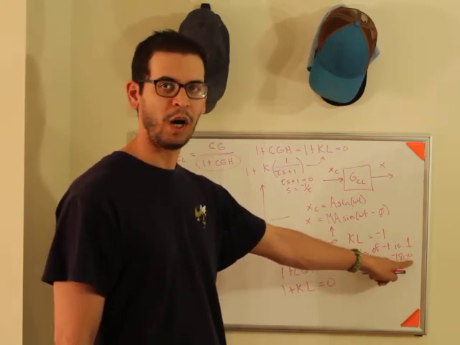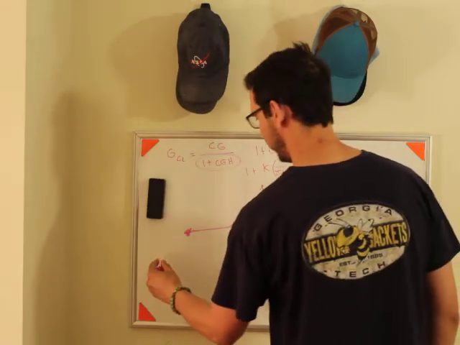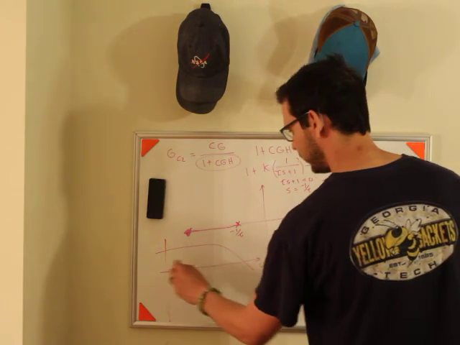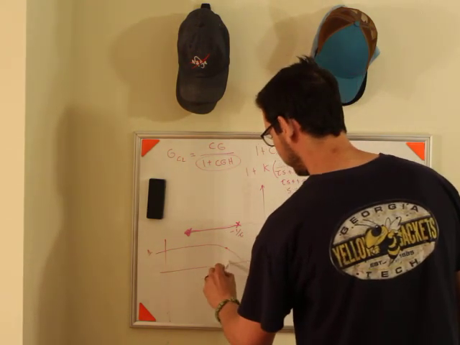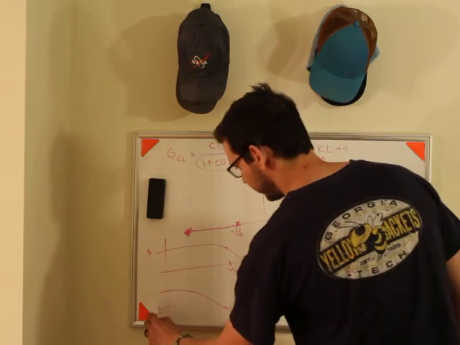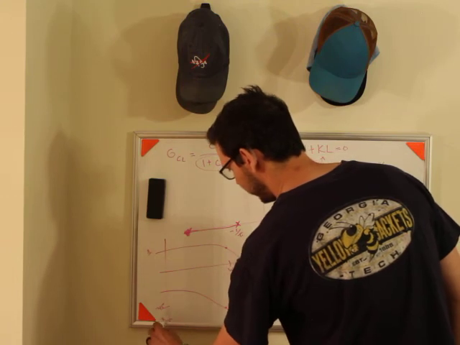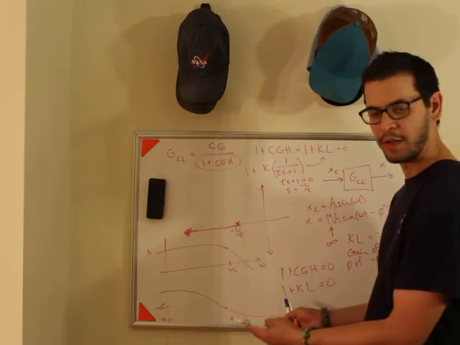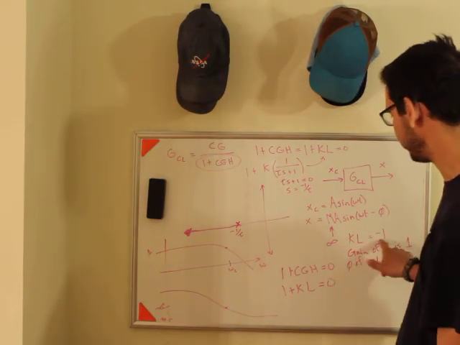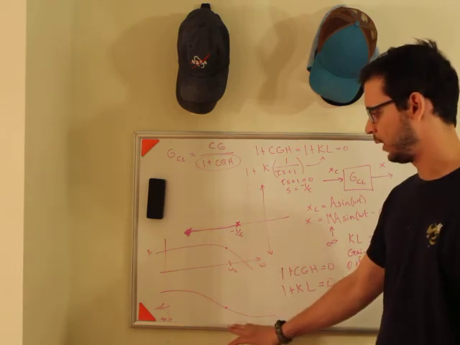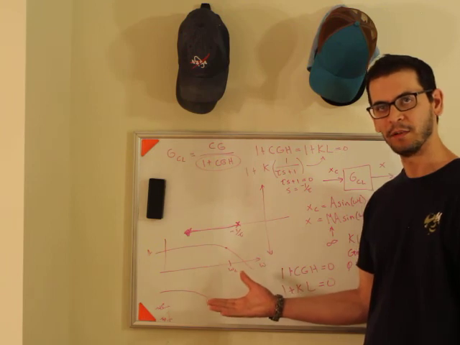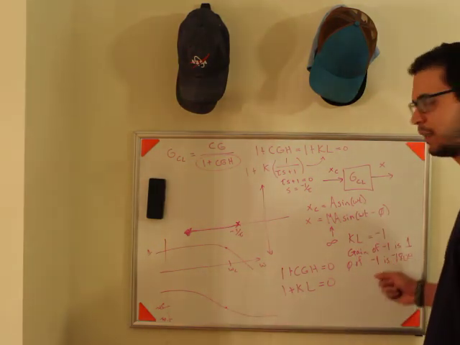So now you can see why, when I drew the first order Bode plot, if I draw gain, so this is frequency, this is a gain of 1, here's the cutoff frequency, and here was the phase, right, so this was minus 45, and this was minus 90. There is nowhere on this plot where the gain is 1 and the phase is minus 180. The phase only goes to minus 90. So you can never make a first order system go unstable because you can never get into this scenario.